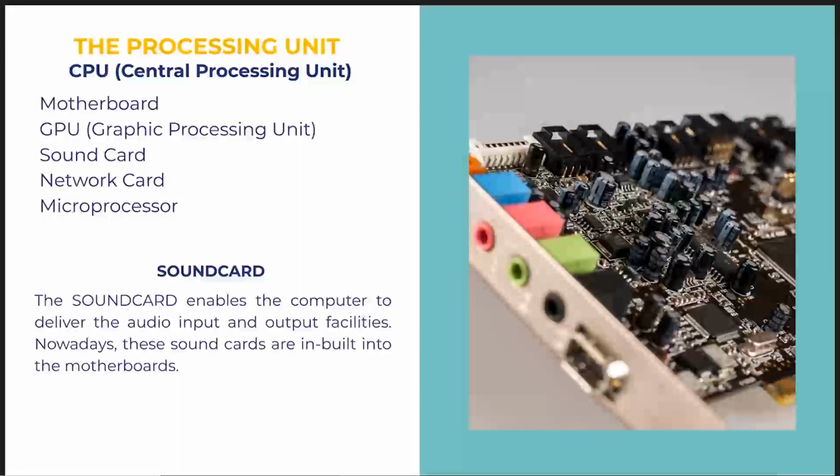Next, we have the sound card. Before I go on, can you tell me what this audio jack does? Or what does this one do? Who knows? Okay, so typically, this part known as the sound card is attached to the motherboard of a computer and also to the processor.